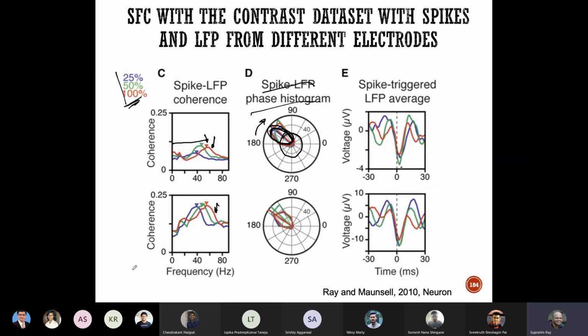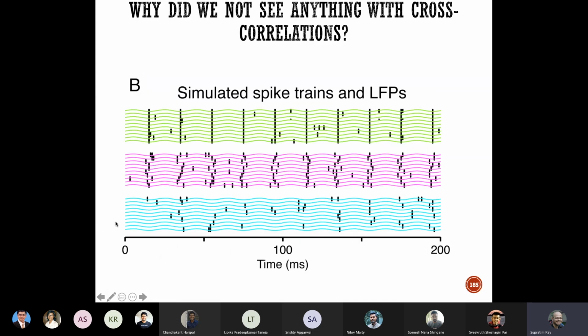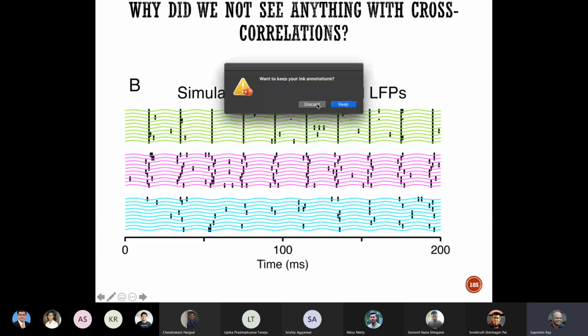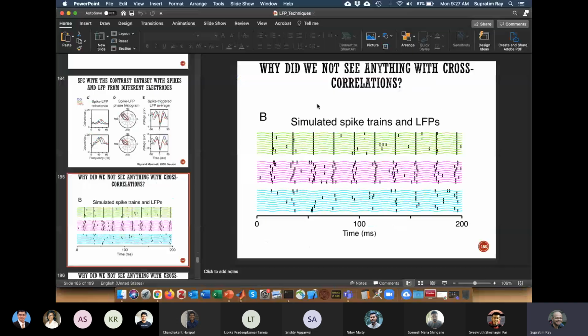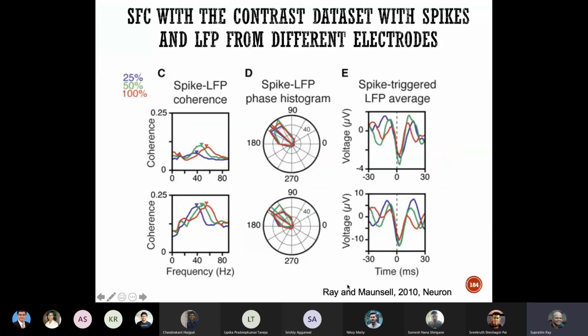Here, I have the luxury of having multiple electrodes recorded at the same time, so I can take spikes from one electrode and LFP from the other.